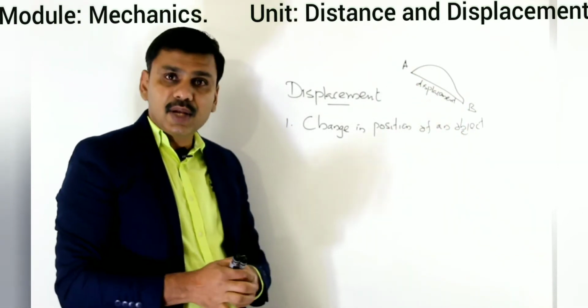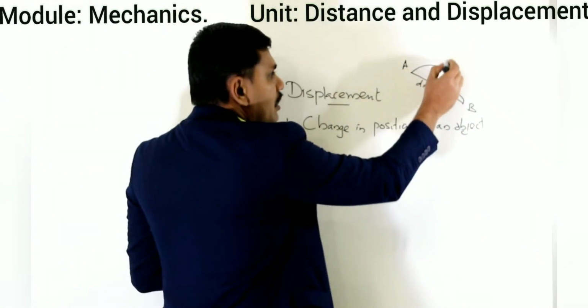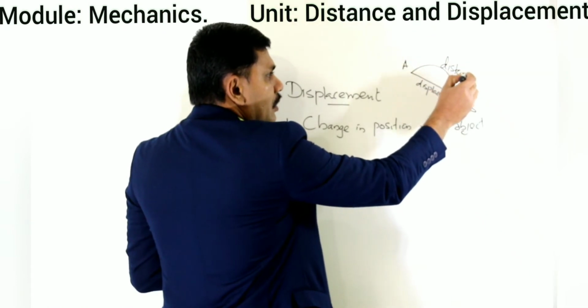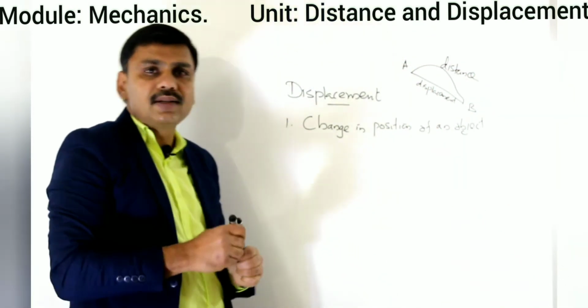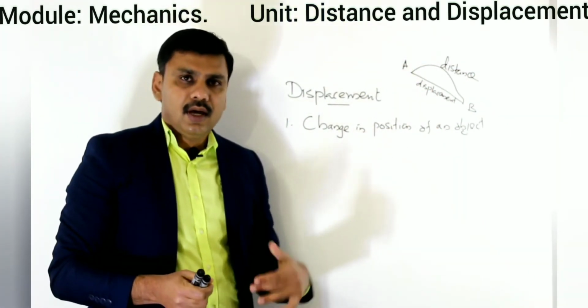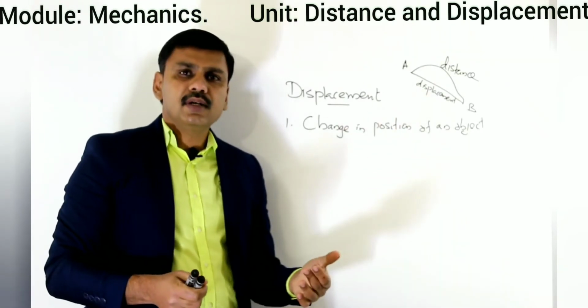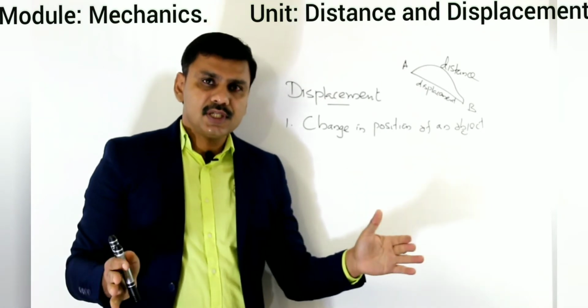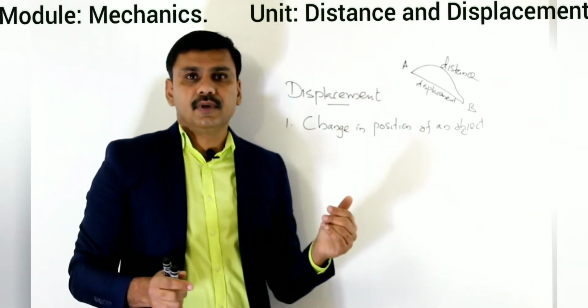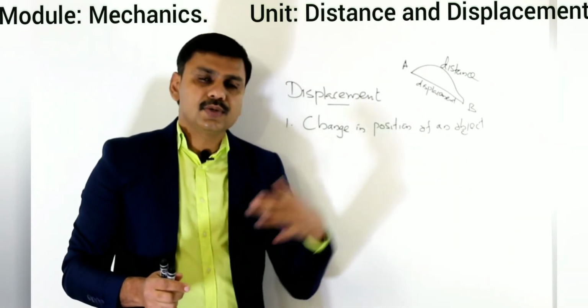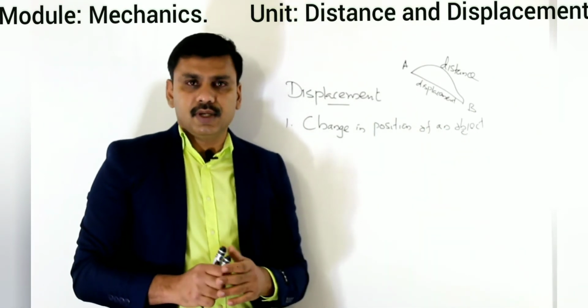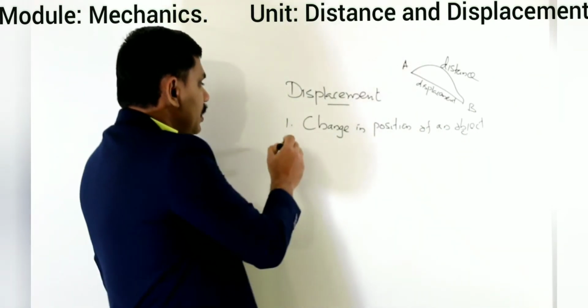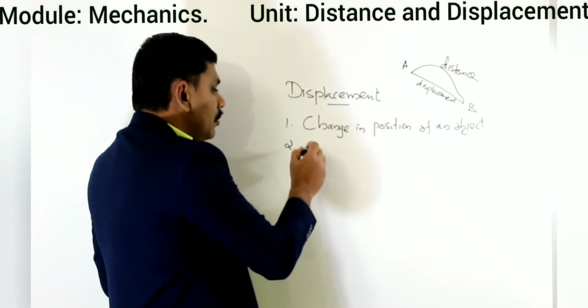That will be the displacement, and this will be the distance, because distance is the path covered by the object. When you calculate displacement, you are considering only the change in position by a straight line. So that gives you displacement. Then displacement you are measuring in meter.